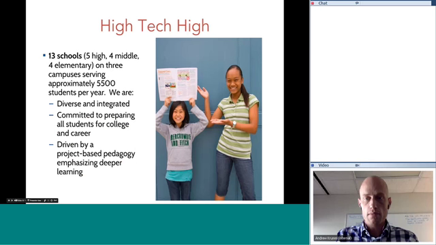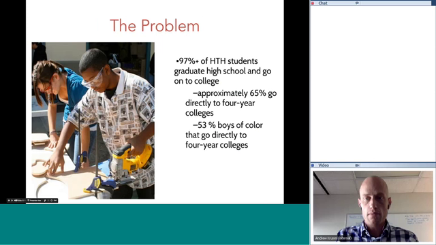And the problem that they had, which may not sound like a problem at first glance, is that they have 98% of their students graduating from high school and going on to college. That's something they're very proud of, and it's a very high success rate. They have about 65% that go directly to 4-year colleges, and about 53% of boys of color that go directly on to 4-year colleges.